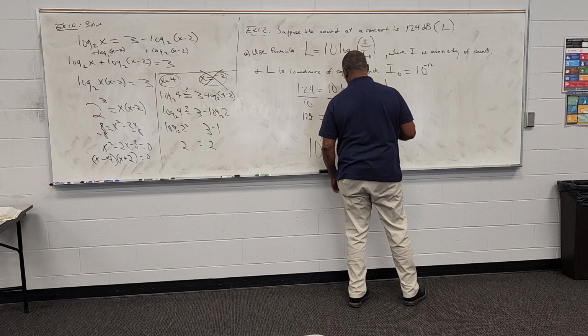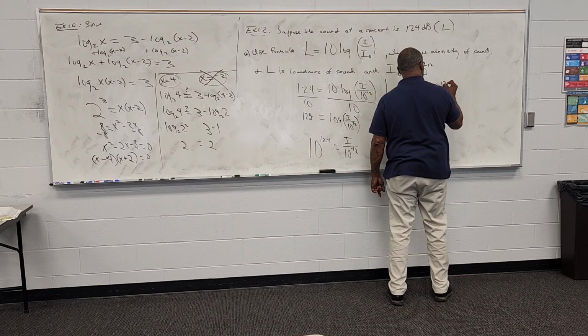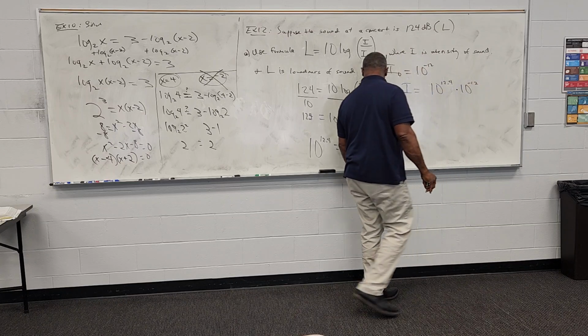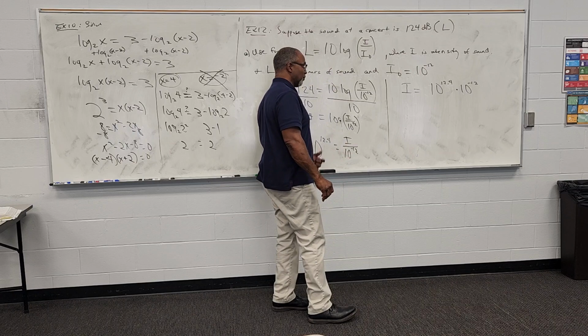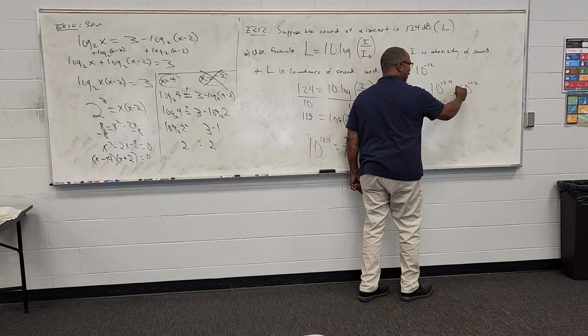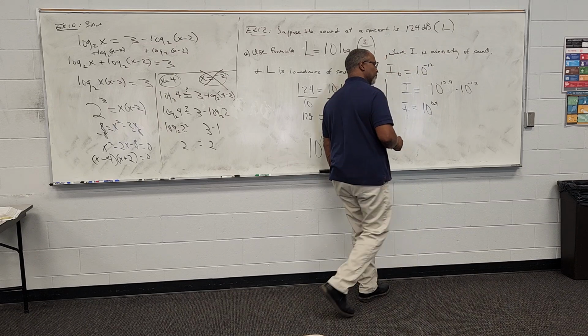So to solve that, I multiply both sides by 10 to the 12, and I'm going to turn it around. So I have 10 to the 12.4 times 10 to the negative 12. Again, multiply this side by 10 to the negative 12, this side by 10 to the negative 12. When I multiply, I add exponents. I'm multiplying something with the same base. You add exponents, so you'll get 10 to the 0.4.